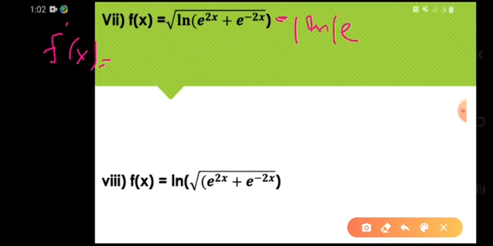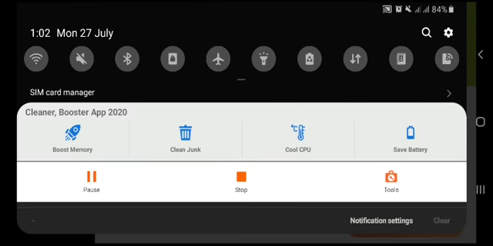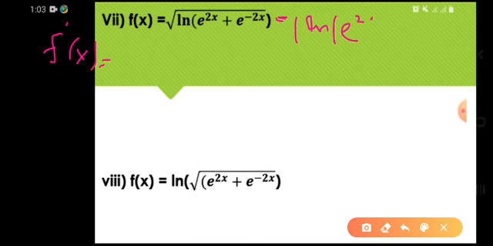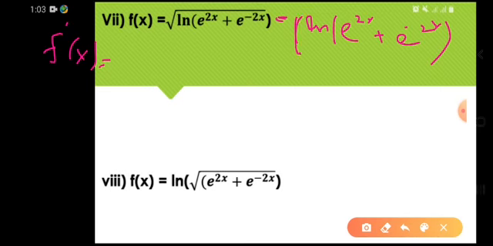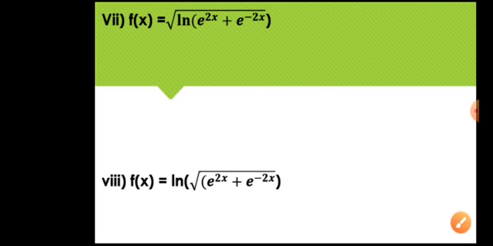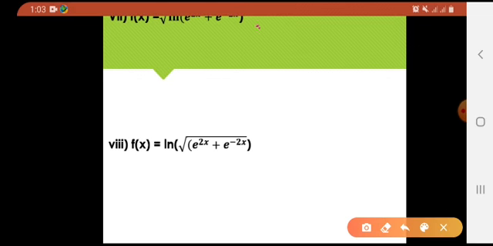It is natural log of e raised to the power 2x plus e raised to the power minus 2x, whole raised to the power 1 by 2. Yes, that is right.